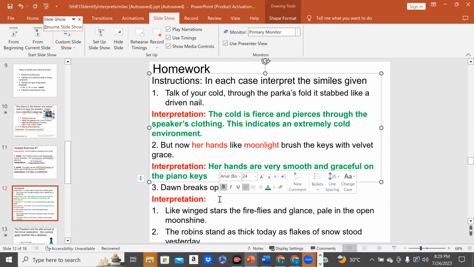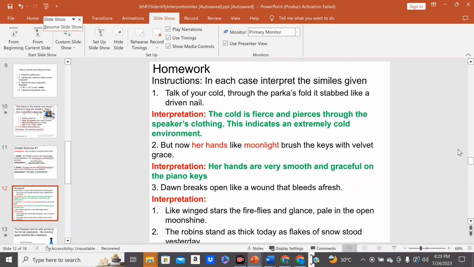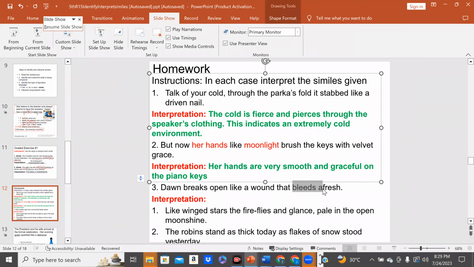Okay. So fix it up for me. What is it saying? What is happening? Sunrise. Say it again, Darnie. Sunrise. Okay, good. Y'all getting it. But connected to a wound that bleeds. What about a wound that bleeds?